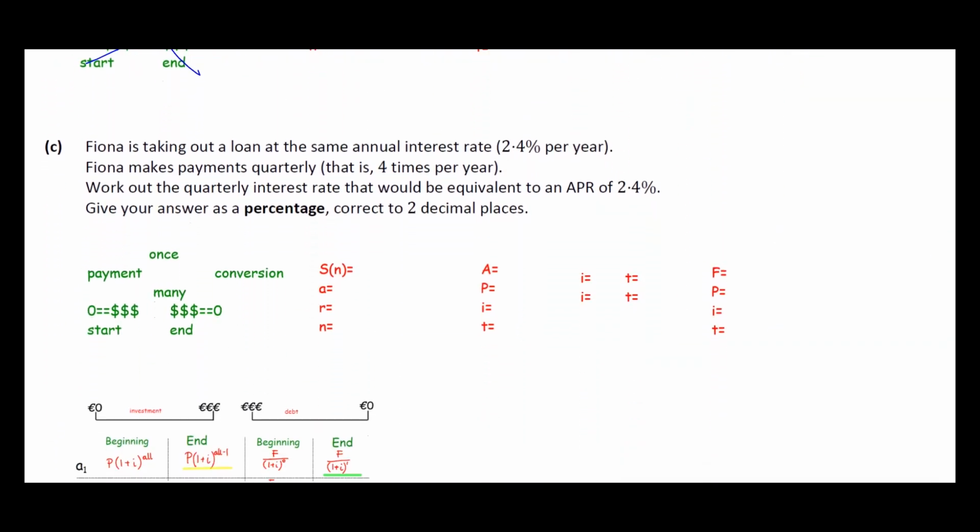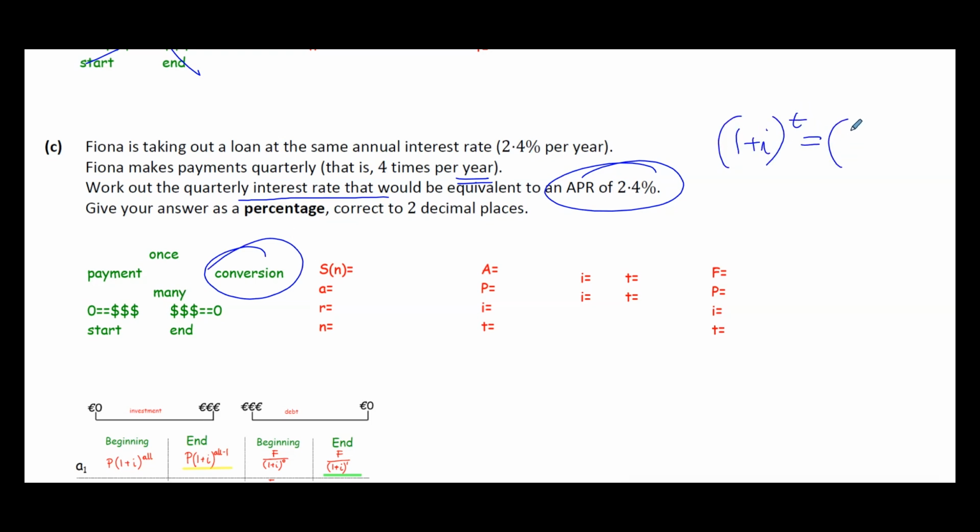And then the next part: Fiona is taking out a loan at the same annual interest rate. Fiona makes quarterly payments, and therefore we must work out the quarterly interest rate that is equivalent to the yearly one. So here we know this is the conversion part, where 1 plus i to the power of t equals 1 plus i to the power of t. And here we are comparing 1 year with the 4 quarters that are in the year.